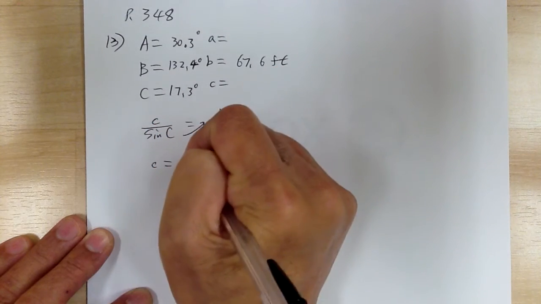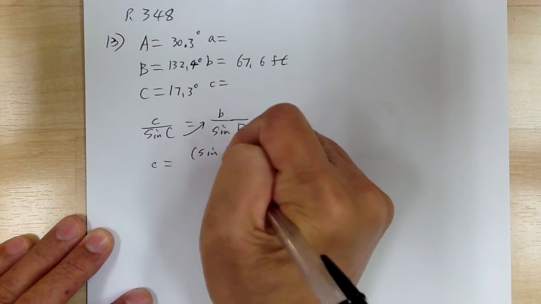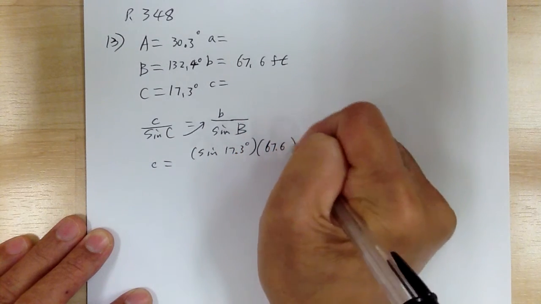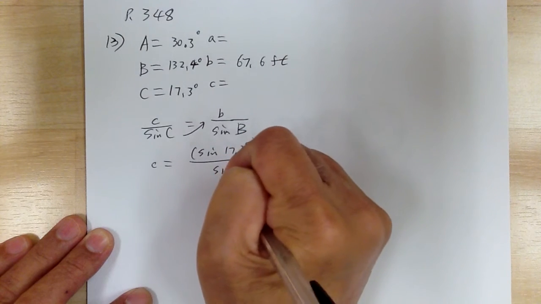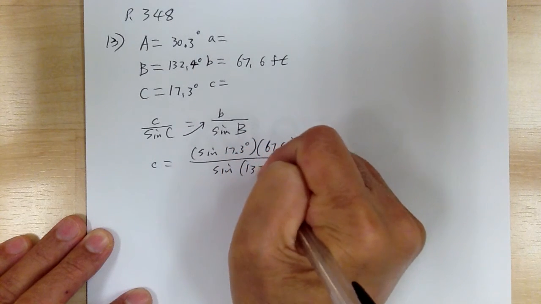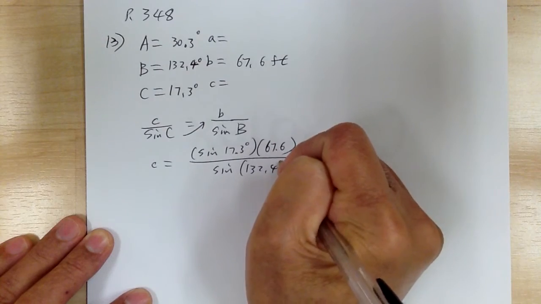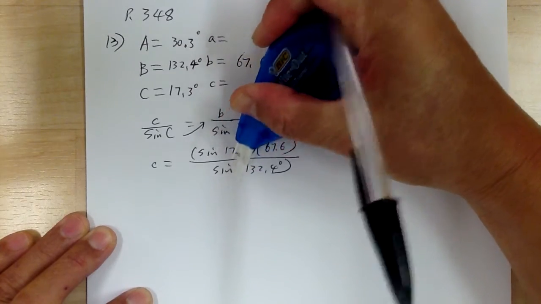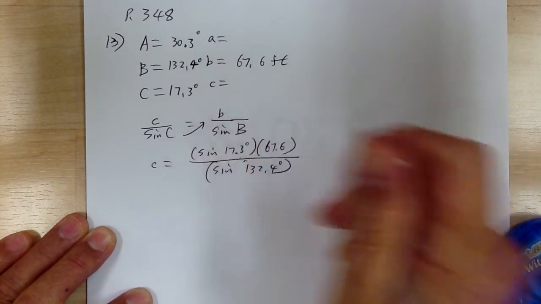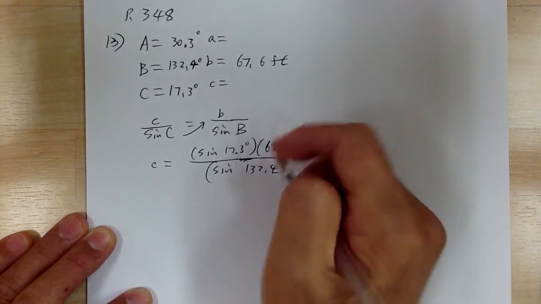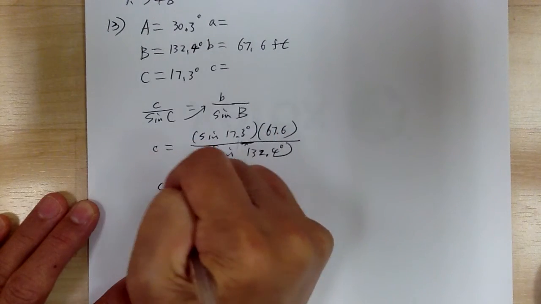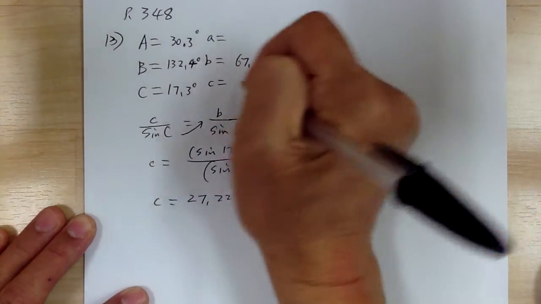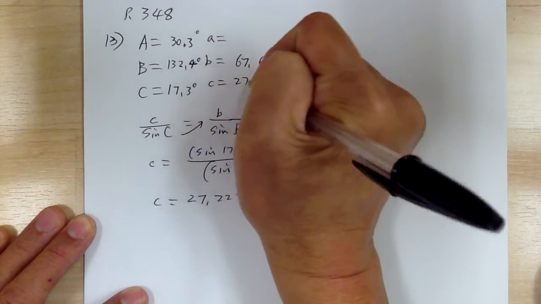So you get C equal to sine of 17.3 degrees times 67.6 divided by sine 132.4 degrees. And so you get C equal to 27.2224. And when you write over here, just follow that, so one decimal digit, so 27.2 feet.